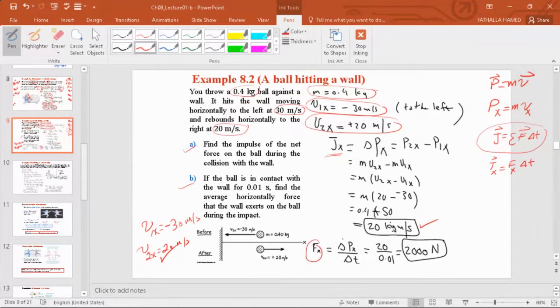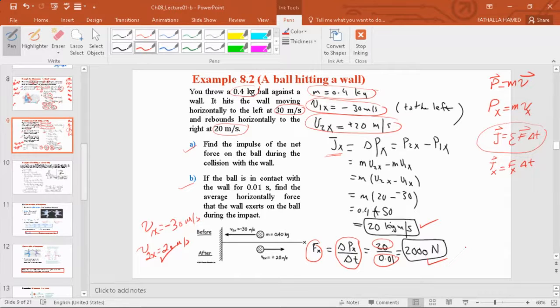So your Fx here, which is the force exerted by the wall on the ball during that time, will be delta px over delta t, which is 20 over 0.01, and that gives you 2,000 newtons. And now this is the average force exerted by the wall on the ball.